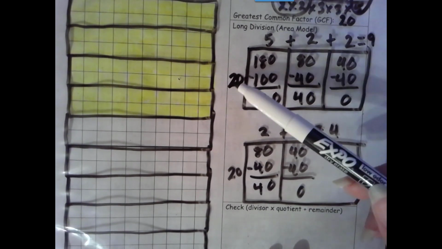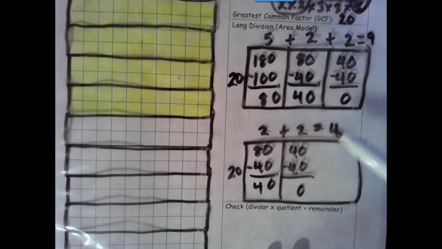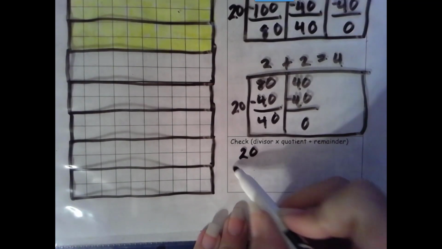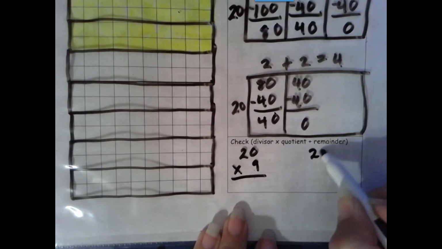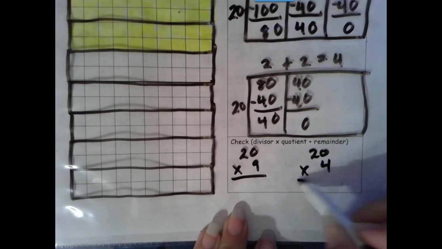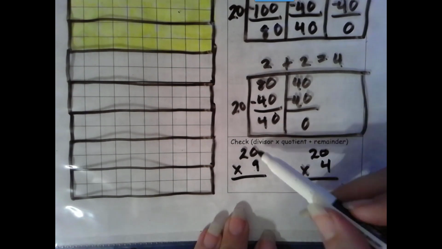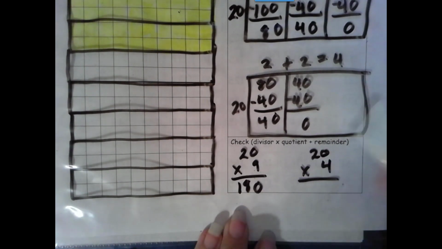Now we're going to check. Divisor times quotient plus remainder. Since our remainder is 0 for both, and the identity property of addition says when you add 0, it stays the same, I don't need to actually take time to add 0. 9 groups of 0 is 0. 9 groups of 2 tens is 18 tens. 4 groups of 0 is 0. 4 groups of 2 tens is 8 tens.